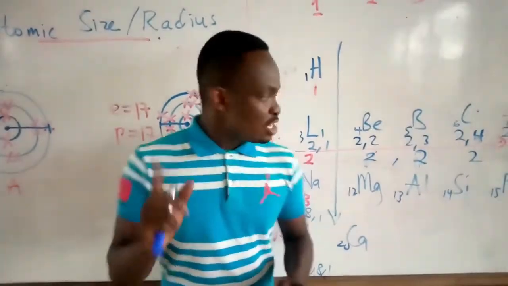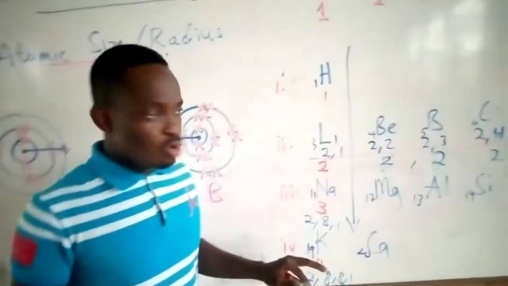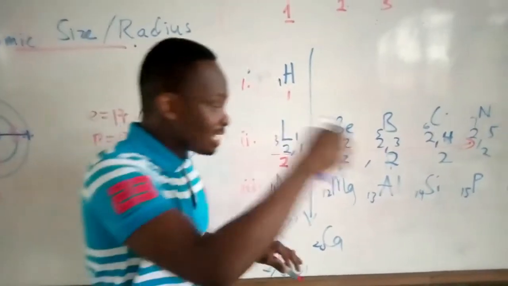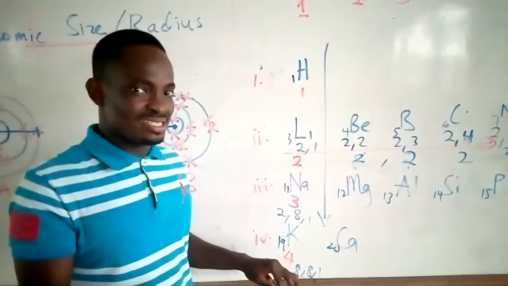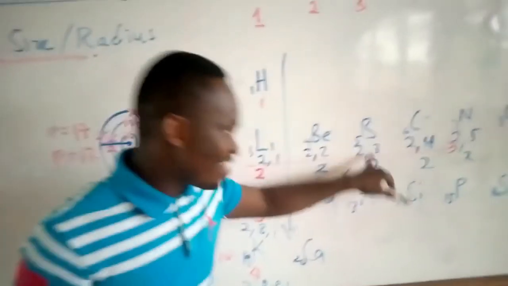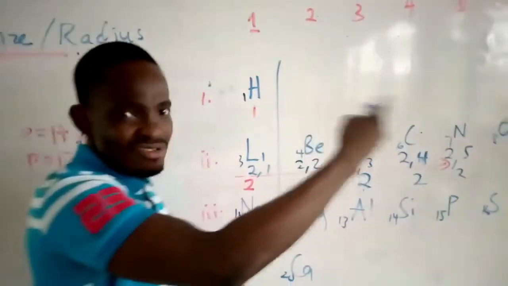Hope you are following. So across the period, because they have the same number of shells with increasing atomic number, there will be an increase in nuclear attraction, because proton number is 3 here, 4 here, 5 here. So there's an increase in proton number, which means an increase in nuclear attraction.